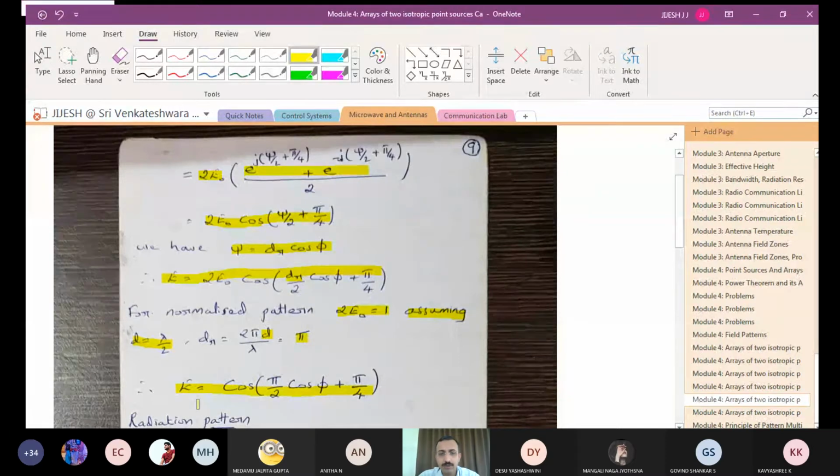So we are going to draw the pattern for case 3, where you can see that the radiation pattern can be plotted further. So this is what the equation is going to generate for case 3.